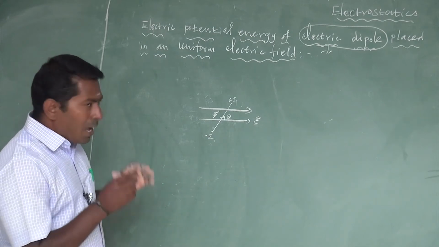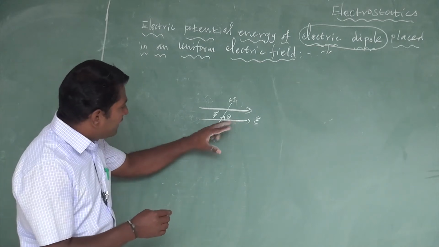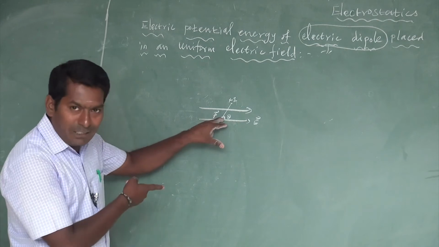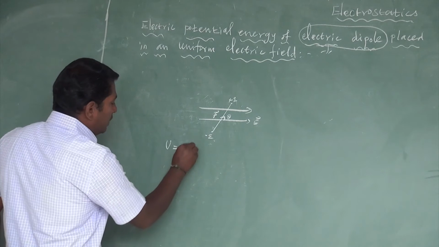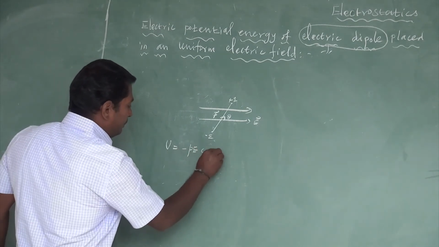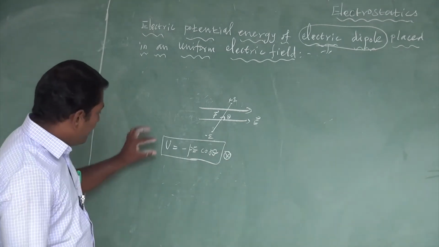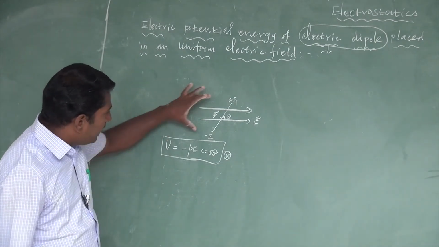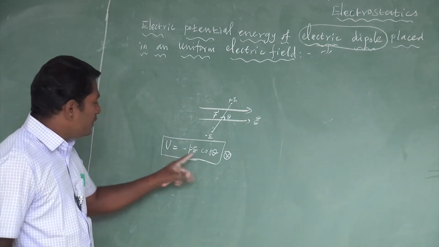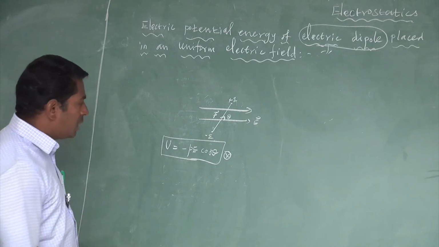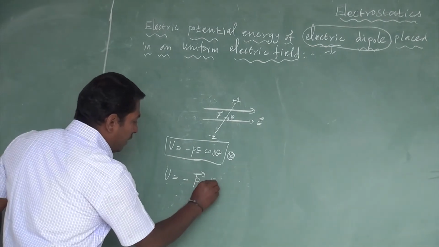Simply, the amount of work done required to deflect the electric dipole in a uniform electric field to the desired position can be represented by the equation U is equal to minus PE cos theta. This equation can be used to calculate the electrostatic potential energy of the electric dipole at a given angle theta, U is equal to minus PE cos theta. In vector notation, U is equal to minus P vector dot E vector.